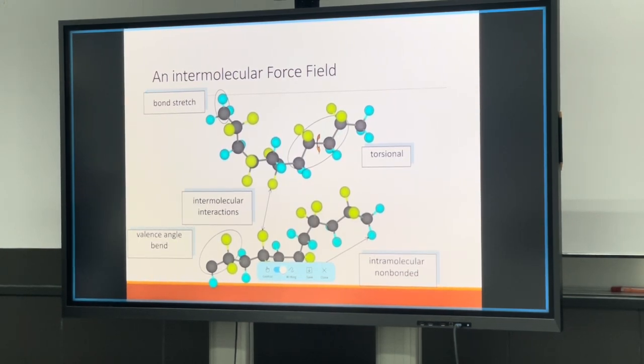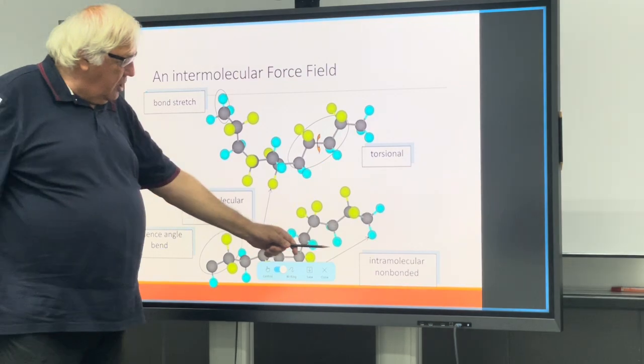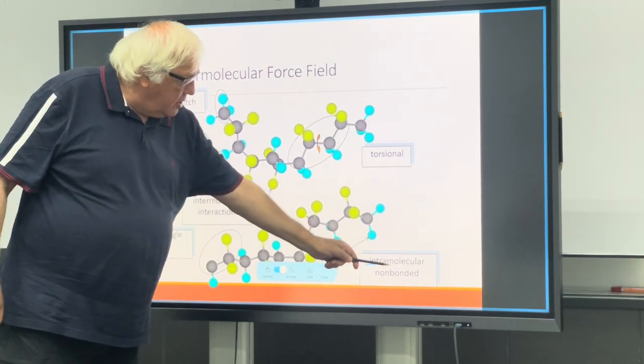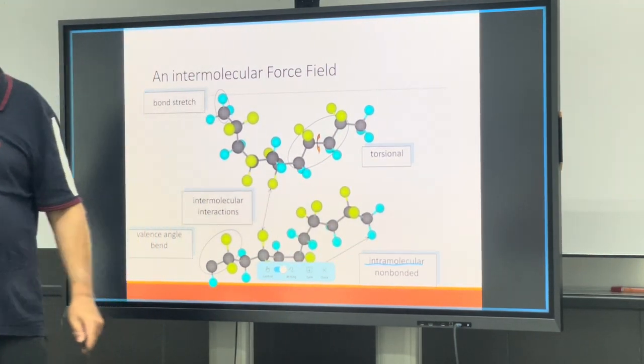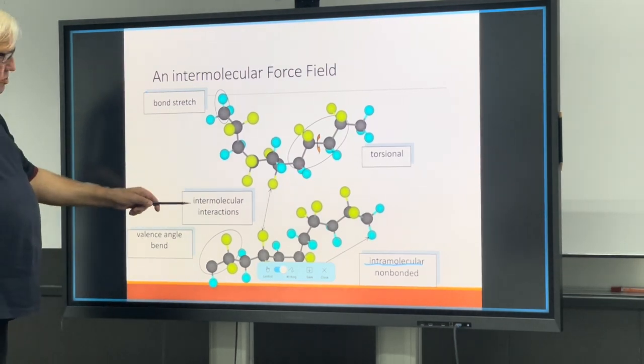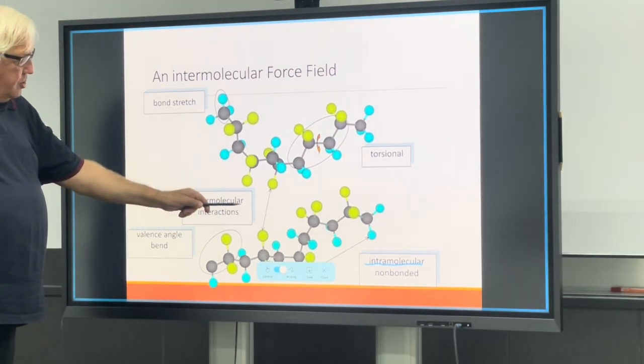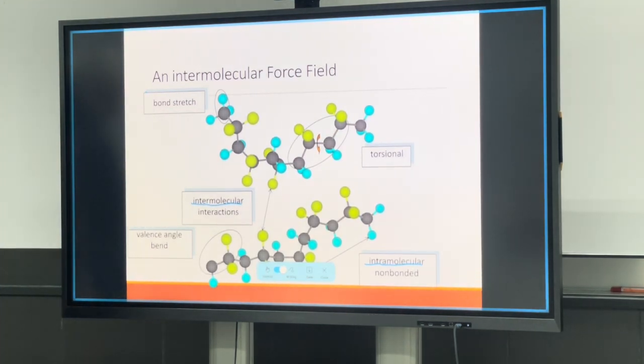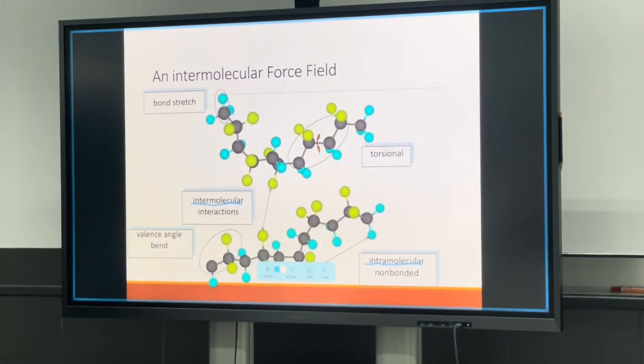So there's a part of the potential energy which is inside the molecules. That's the intramolecular interaction. So each molecule has its potential energy part. And then there is a second contribution. That's the potential energy between the molecules.